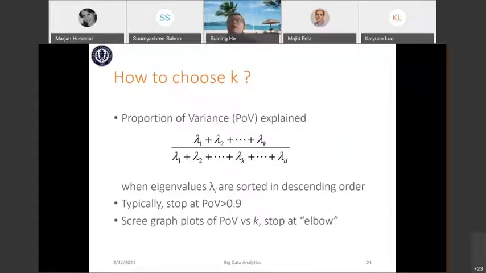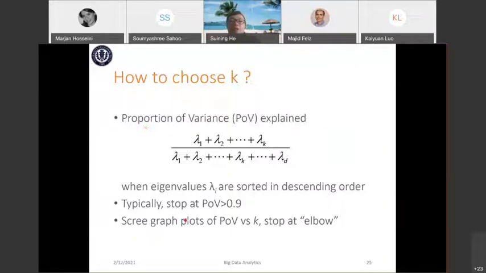One may wonder how we can decide the number k, that is, the number of principal components. We can use the so-called proportion of variance, or POV for short. It is calculated as how much percentage of the variance has been described by a certain number k of principal components.